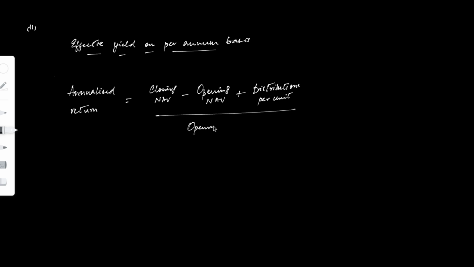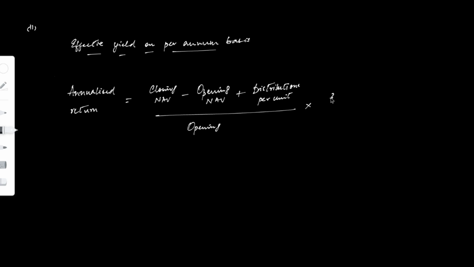So, in one of our previous questions, we have seen this formula. Annualized return is equal to closing NAV minus opening NAV plus distributions per unit divided by opening NAV. This entire thing is nothing but holding period return, right? Into 12 or 365. 12 in case of months and 365 in case of days.